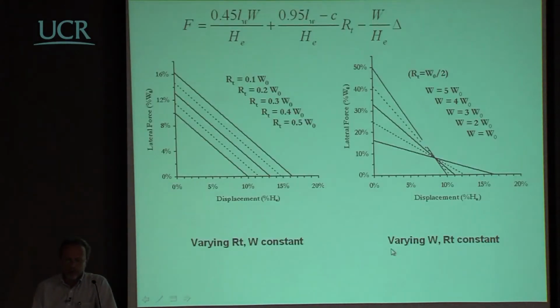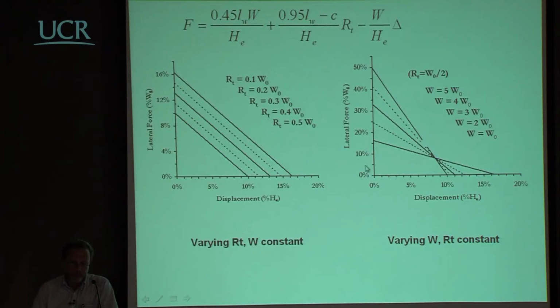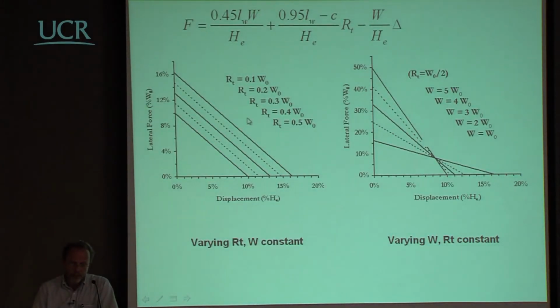Now, what will happen is that you could design different structures reacting in rocking, considering that you can certainly change this reaction force here, and that you could change the aspect ratio of the wall. You can have a parallel line like this when you are changing the tensile retention as a function of the weight.